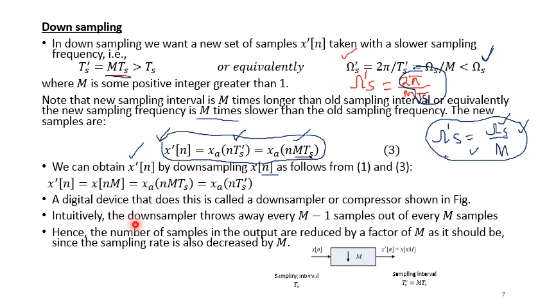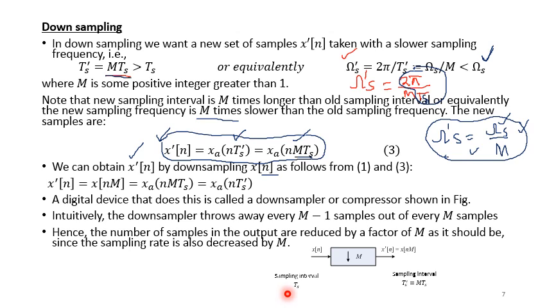A device that does this is called a downsampler, or also a compressor, as shown in this figure. We have input x(n), we downsample it by a factor of M, and we get x'(n), which is equal to x(nM). So M samples we are throwing away.